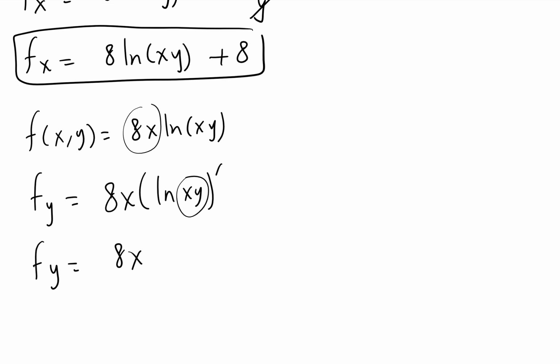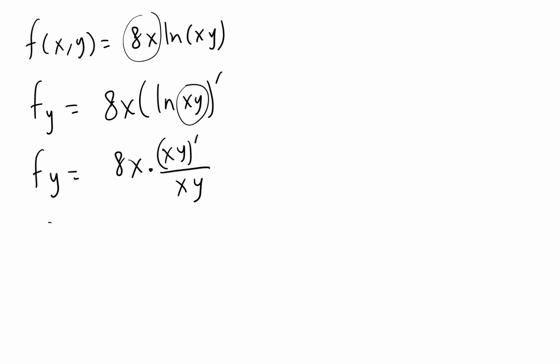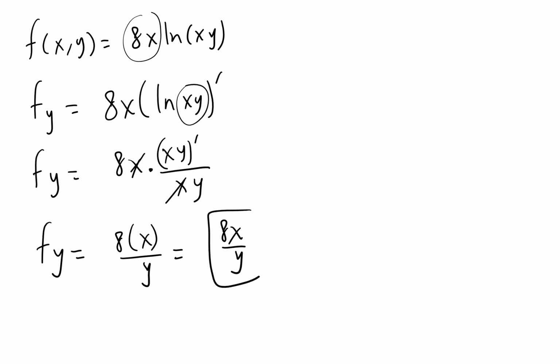Derivative of this is the derivative of that one over itself. So what do we get here? The x cancel, 8. Derivative with respect to y is simply x over y. So the answer is 8x over y.